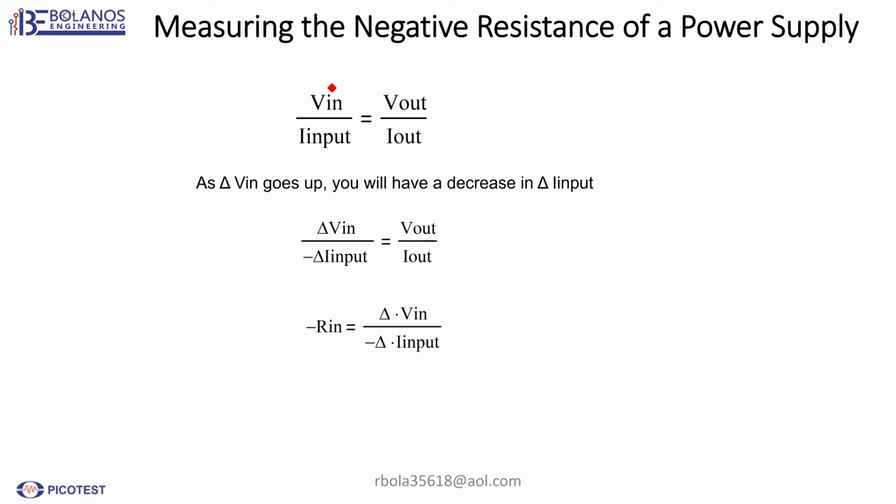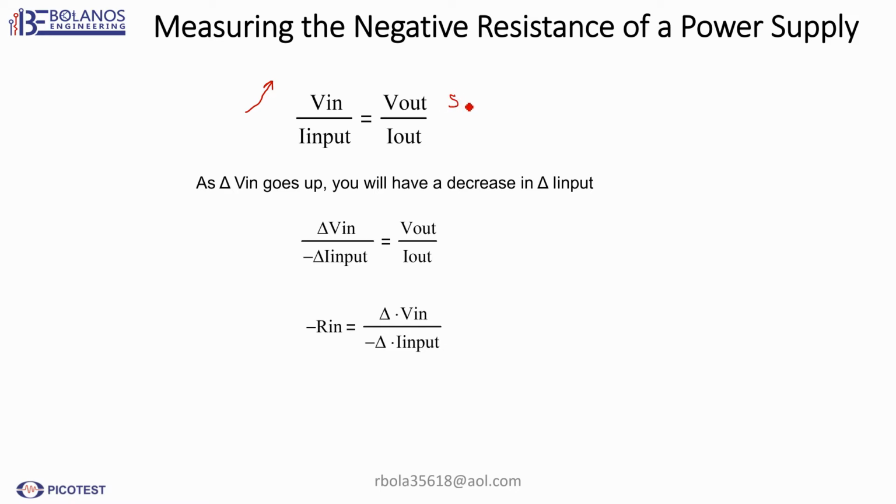Another way of expressing resistance is voltage over current. So we can kind of hand wave and say that the input resistance is proportional, at least, to V in divided by I in.